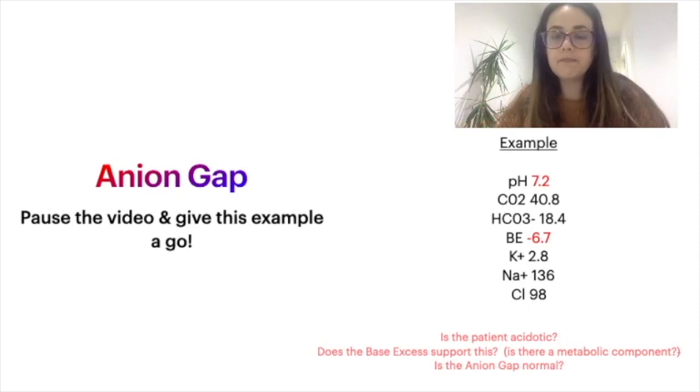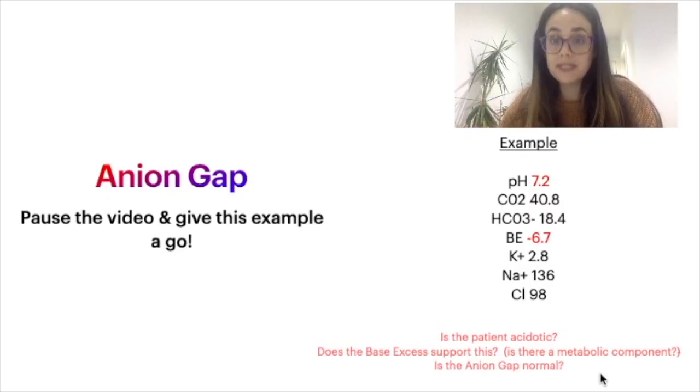We've got an imaginary patient here. Here's a pH. We've got the base excess, CO2, bicarb, base excess. So it's a full blood gas essentially. Okay. And just try and answer these three questions. Number one, is the patient acidic? Number two, does the base excess support that? Is it abnormal?